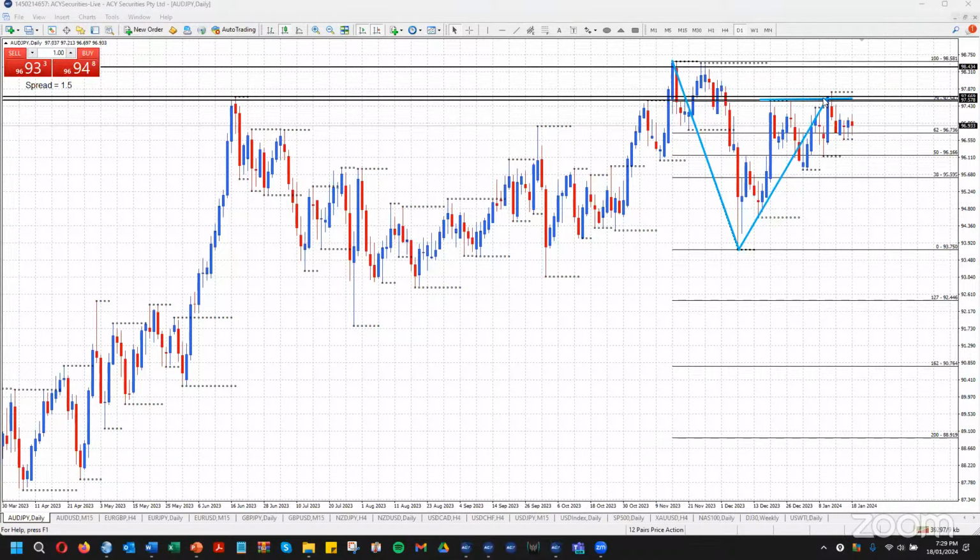I actually got short up here, so I'm waiting to see if this is going to continue to break down this way. And can we come down and test this low? Can we break down through 93.75? That's what I'm looking for at the moment.